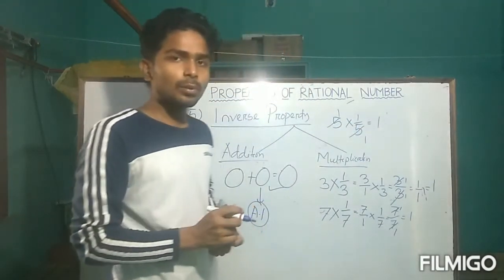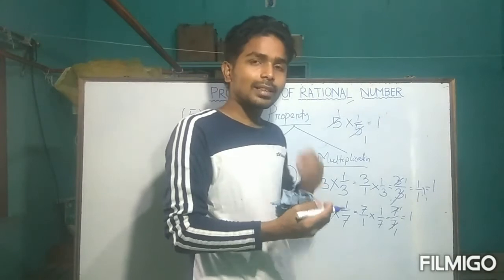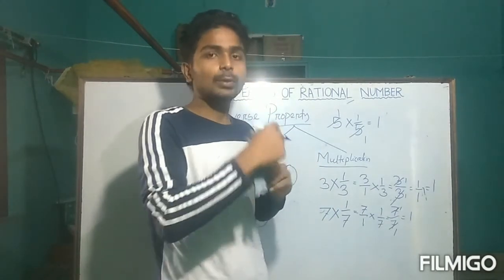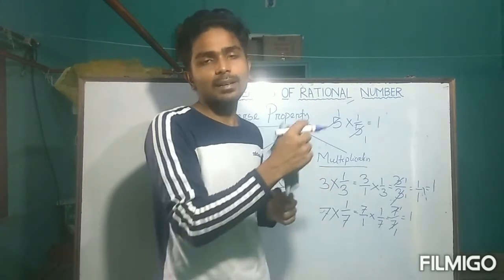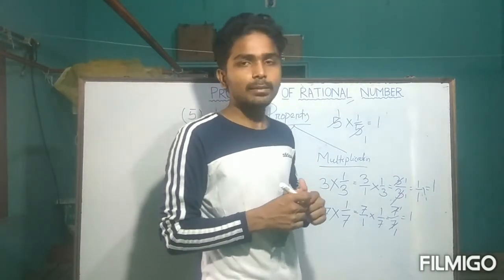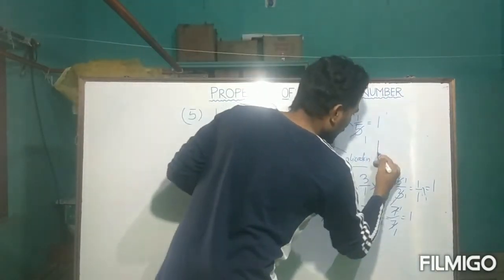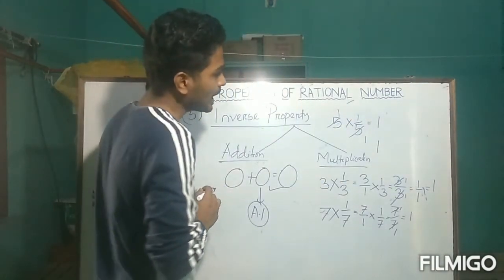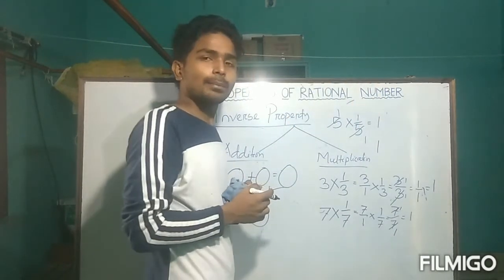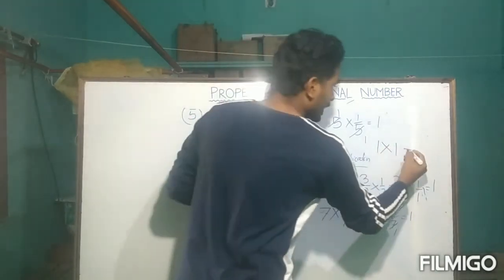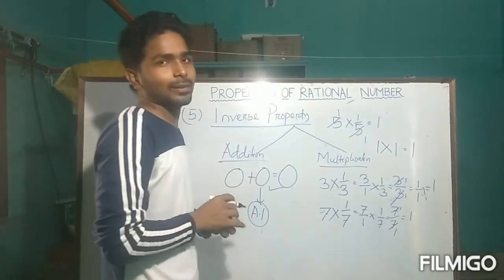Understood? So what is multiplicative inverse? The number which is multiplied with another number to give rise to 1, then that number is known as multiplicative inverse. Okay. One more example. Suppose we have 1. ताले 1 केते multiply करा हमें 1 पाएगा. If we multiply another 1, we will get 1. Okay.